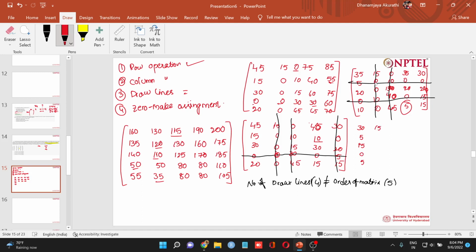Here it is an intersection point, so 0 plus 5, 5, 0, and adding at the intersection point again 15, 0, 0, 15, and here it is 45, and 40 is an intersection, so adding. So again here it is 35 minus 5, 30, 0, 15, 0 and 0.